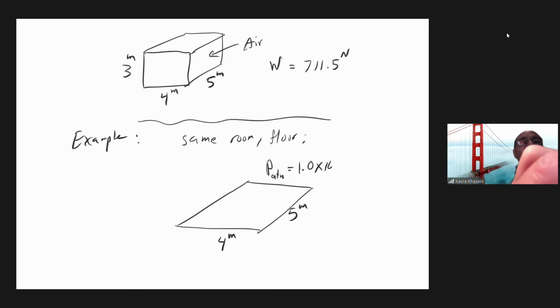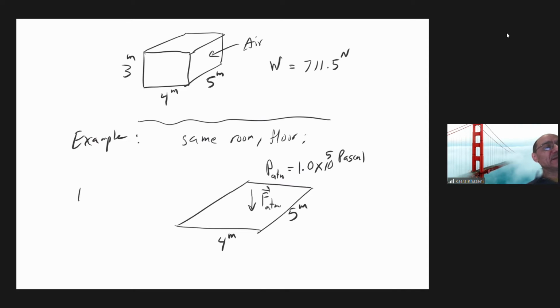It was 10 to the 5th Pascal, right? So it's 100,000 Pascal of pressure where we all live close to the sea level. So there is that much pressure on top of that floor. So there has to be a force on it that's pushing it down due to the atmosphere.